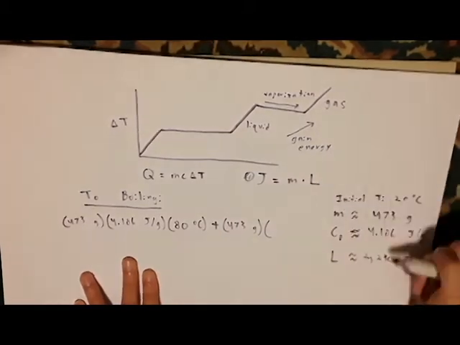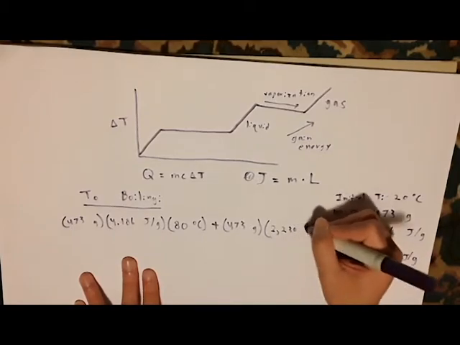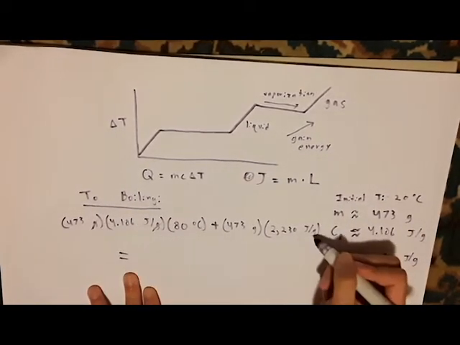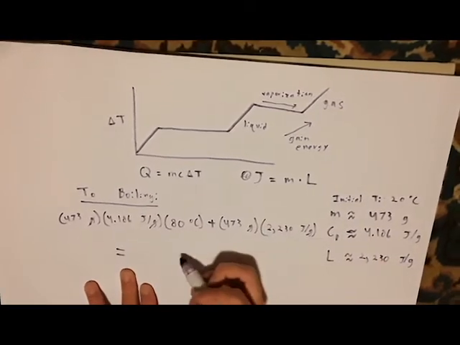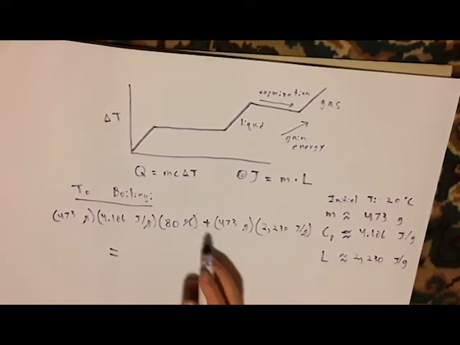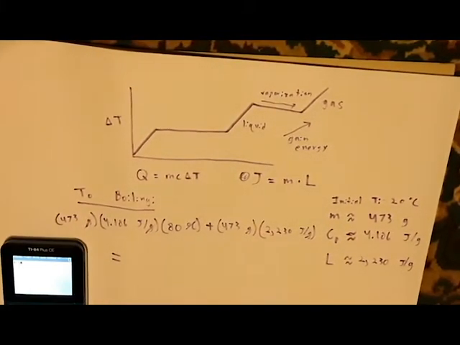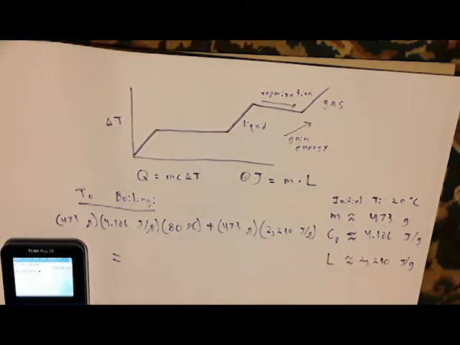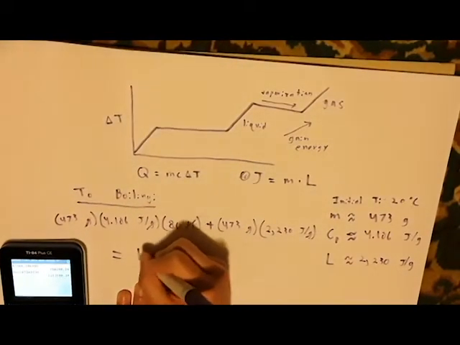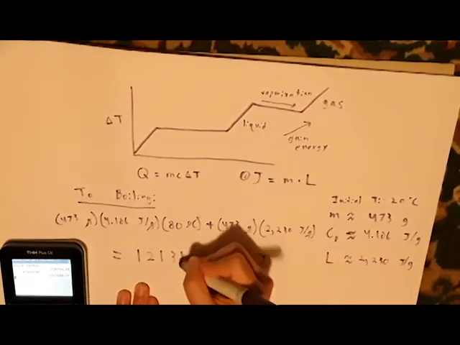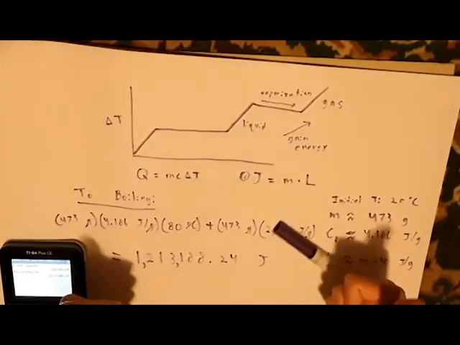Then we're going to add the other equation, which will be 473 grams for the mass and 2,230 joules per gram for the latent heat. And if we add all this up in the handy dandy calculator, we're going to figure out that the total energy used to boil this much water would be 1,213,188.24 joules.